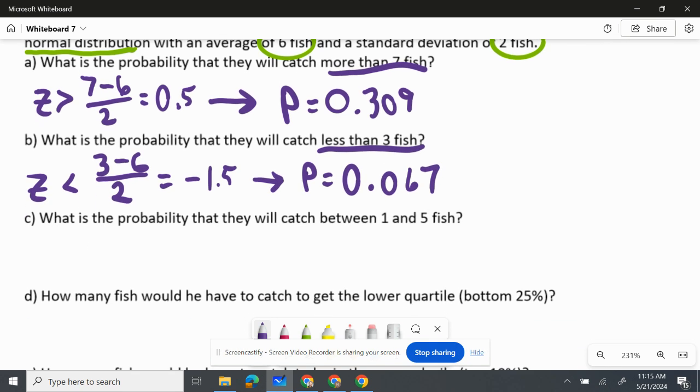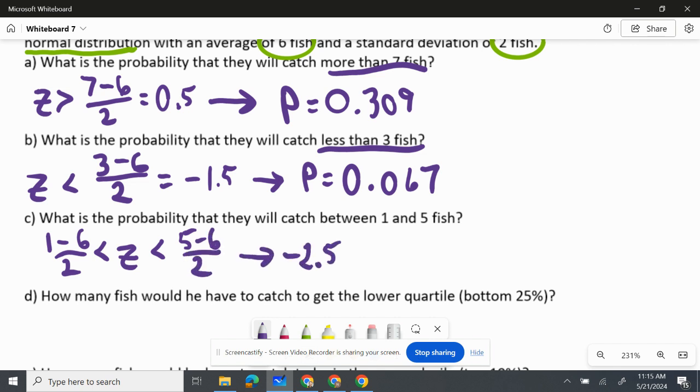And the last type for finding probabilities is in between. So we have 1 minus 6 over 2, and we have 5 minus 6 over 2. And that right there gives us negative 2.5, and negative 0.5.